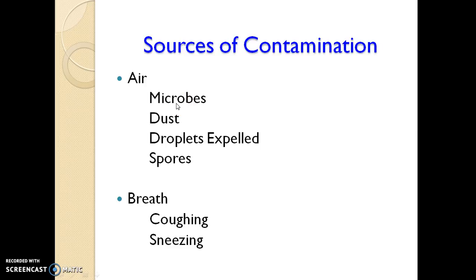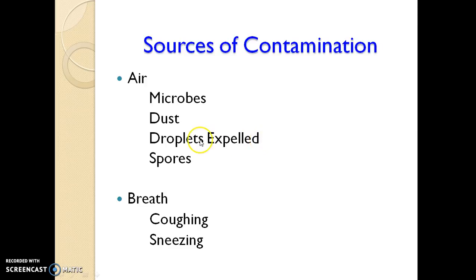Microorganisms can be saprophytic bacteria as well as pathogenic microorganisms. Then the dust particles can be carried from the air, which can also contain microorganisms entangled in dust. Then the droplets which are expelled from our mouth also contain a heavy load of microorganisms.